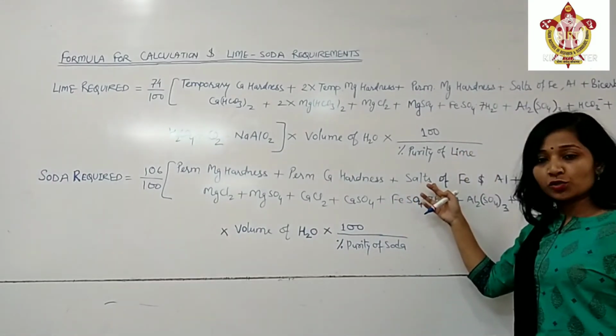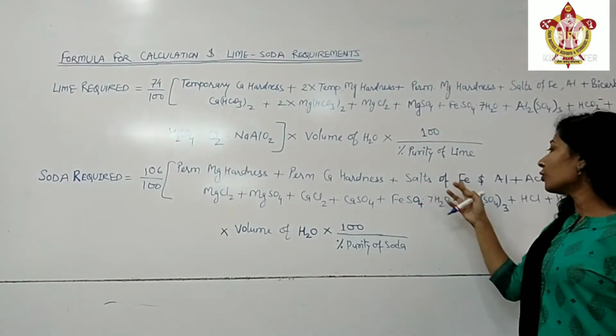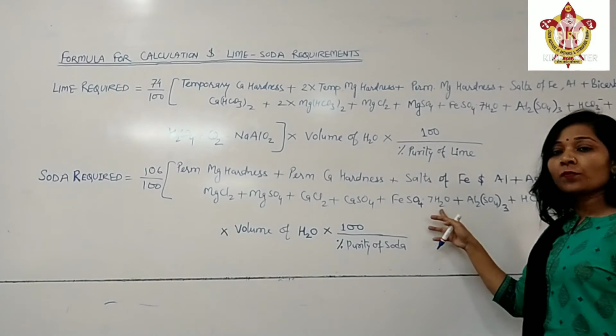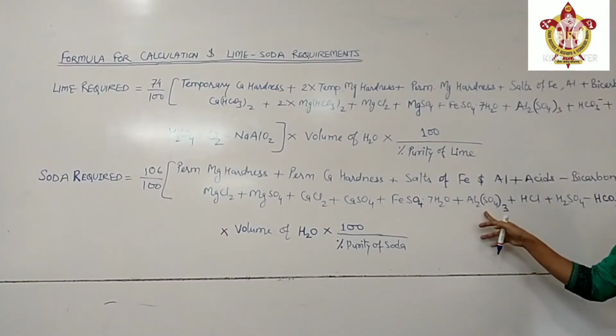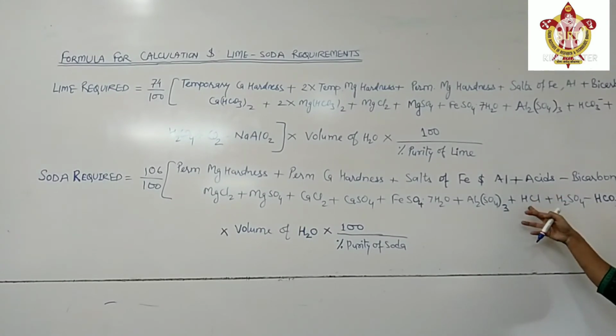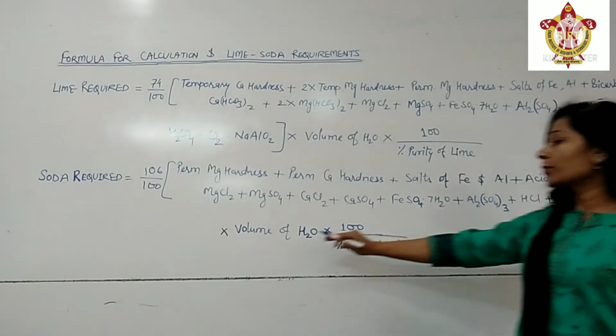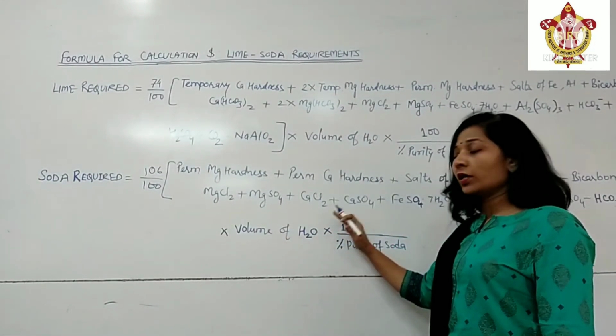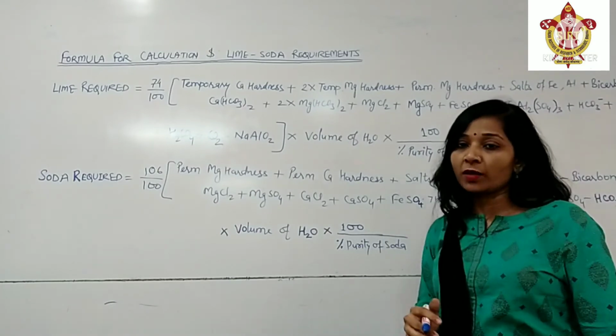We also add salts of iron and aluminium. Salt of iron is FeSO4 7H2O and salt of aluminium is Al2(SO4)3. We add acid also, that is HCl, H2SO4. In this equation we deduct bicarbonate ion. After that, we multiply it with the volume of water into 100% purity of soda.